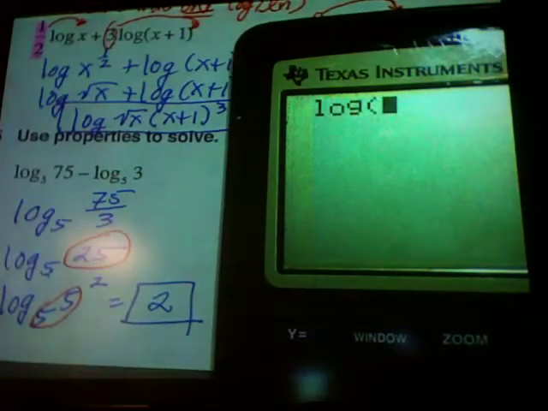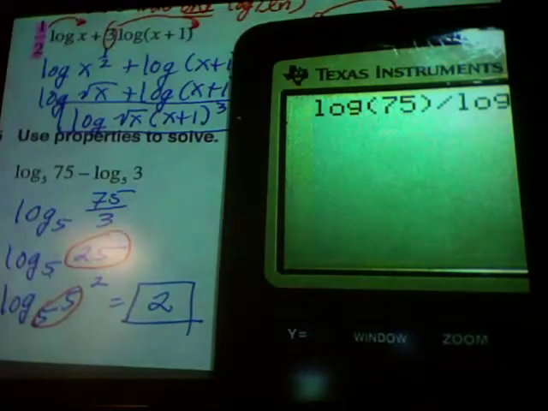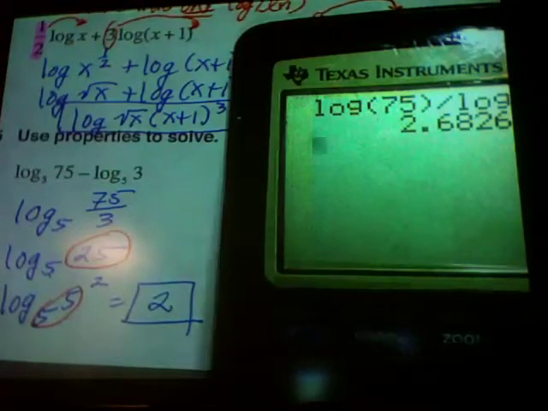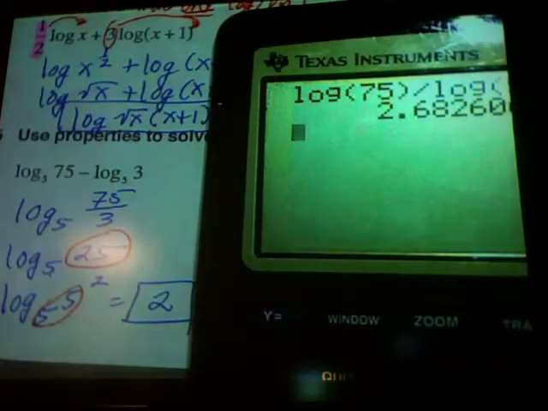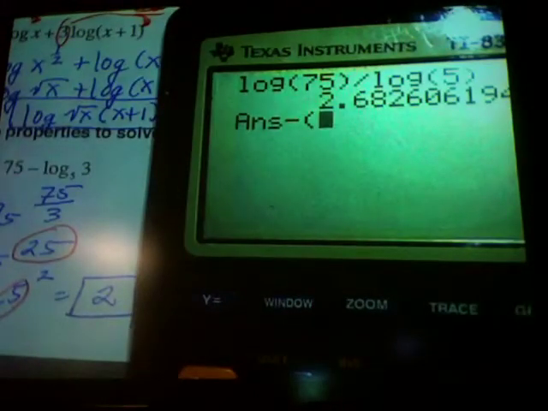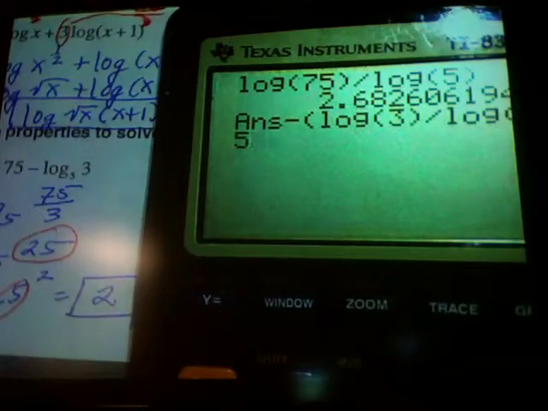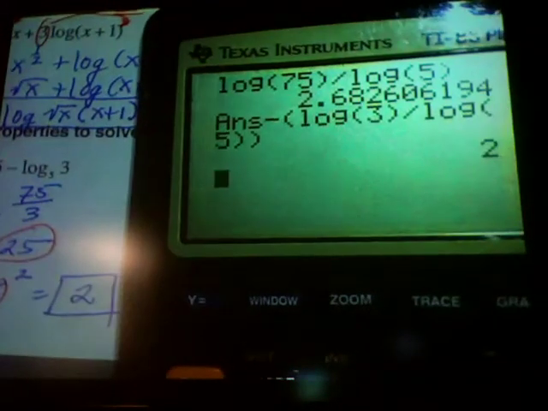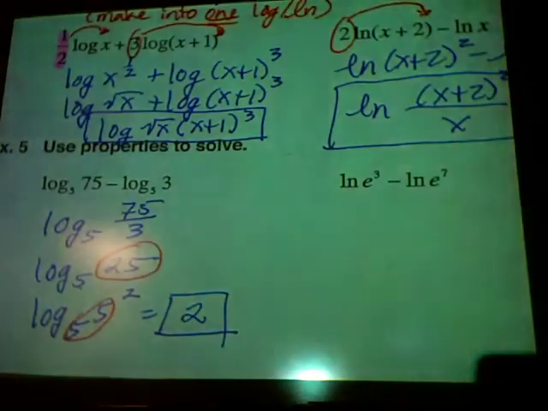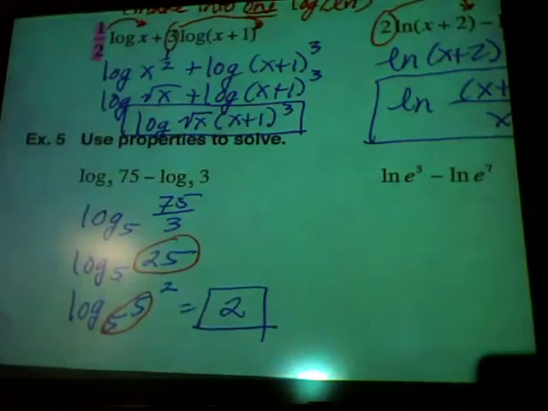So log 75 divided by log of 5, minus, I'm going to put this in parentheses, log of 3 divided by log of 5. And I'm going to use double parentheses to close out the original parentheses, equals, what was that answer right there? 2. It was actually what? Wasn't it? Super exciting. I love this section. So much fun. It's like a puzzle.